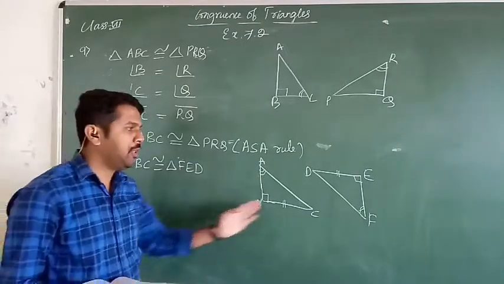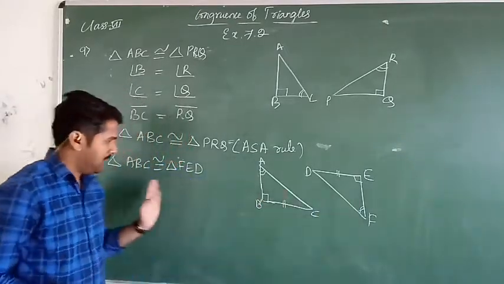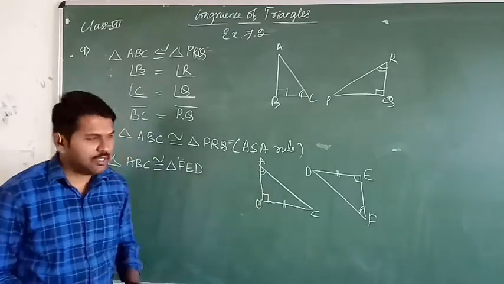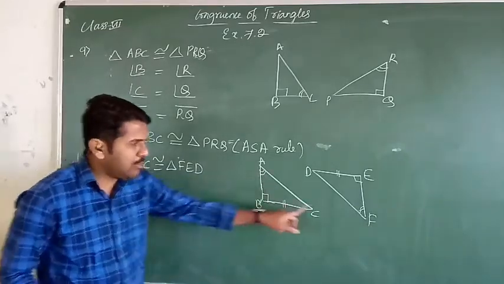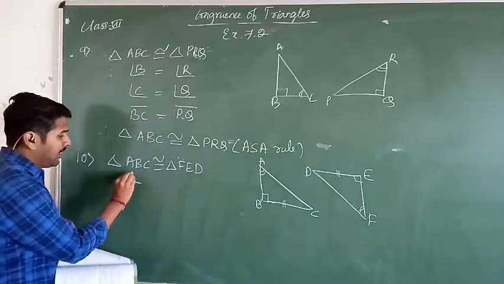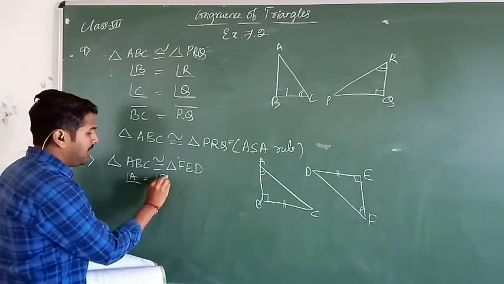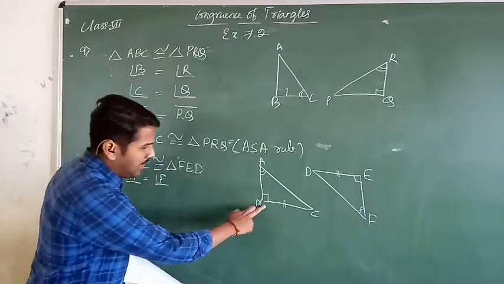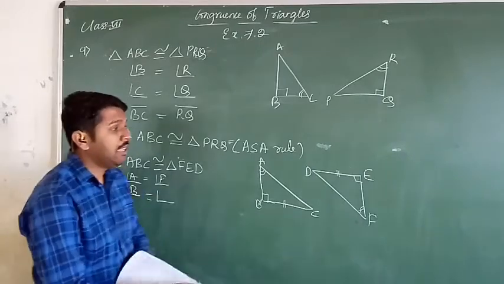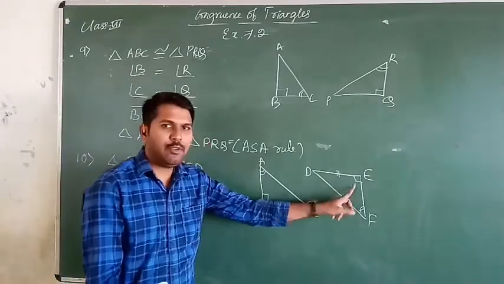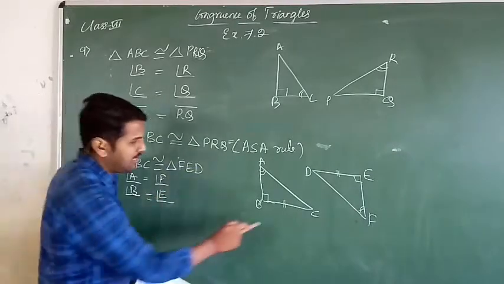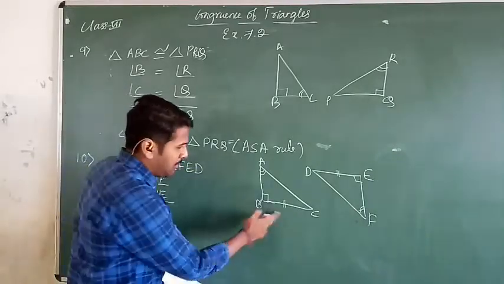Here they have already given the triangles. So triangles are congruent and they given the figures here. So why angle A equals angle F? Angle A equals angle F. Next angle B equals angle E. These are corresponding, isn't it? Next one side they given.